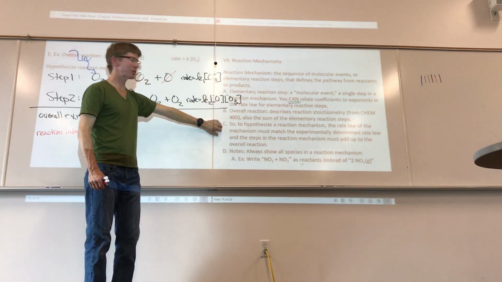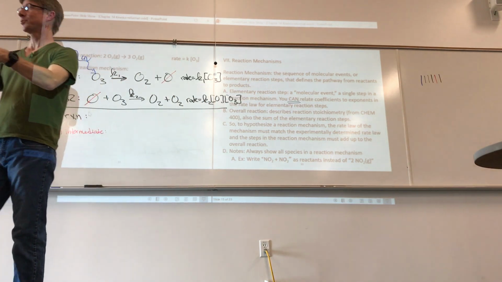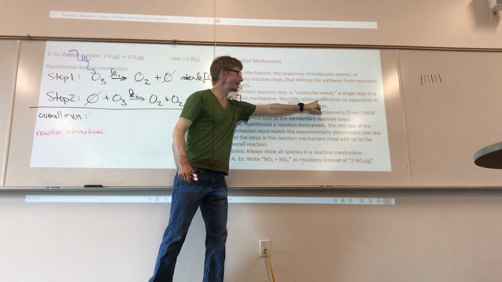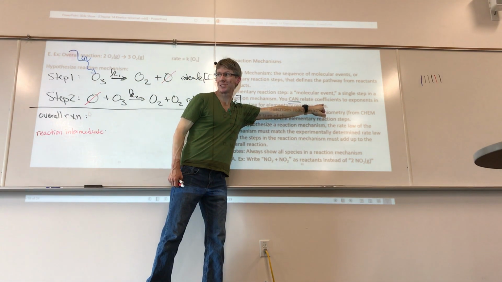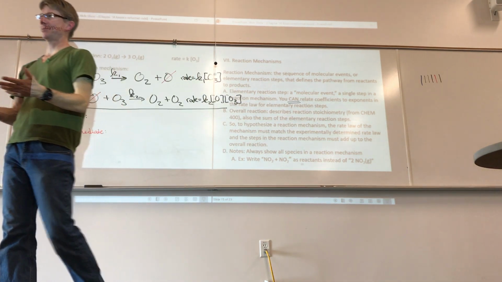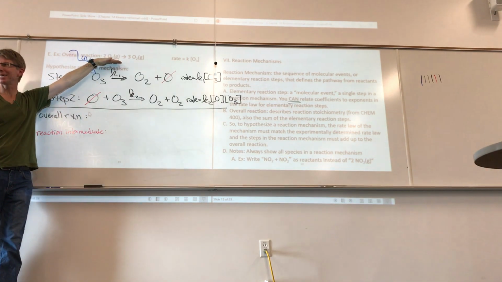Okay, so according to this, and this is the definition of the process, you can relate coefficients, all the coefficients are ones here, to exponents. And that's an assumption, but it's a good assumption. And maybe it comes back to why we can't use coefficients here. This is only the stoichiometry.